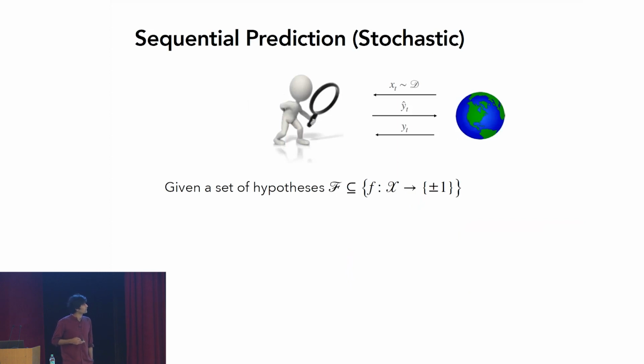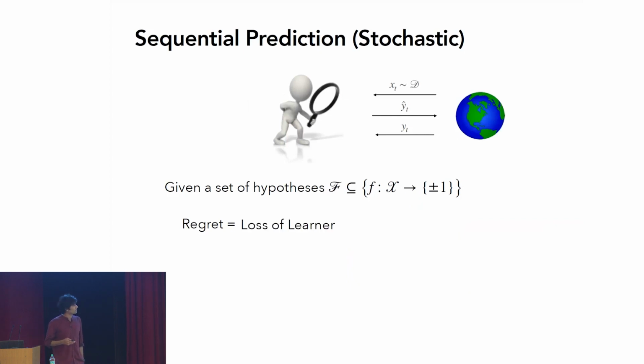And what you want to do is compete against a given set of hypotheses. In this context, a hypothesis is a Boolean function, a function from a domain to plus minus one. Also, please feel free to stop me whenever. The thing that we'll aim for is regret. So far we've been seeing a lot of competitive ratio. Here we look at something slightly different, which is regret.